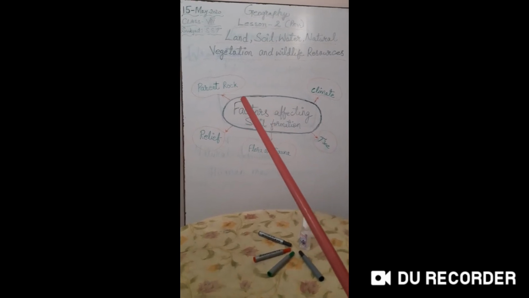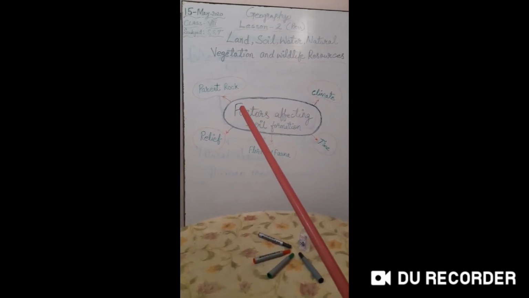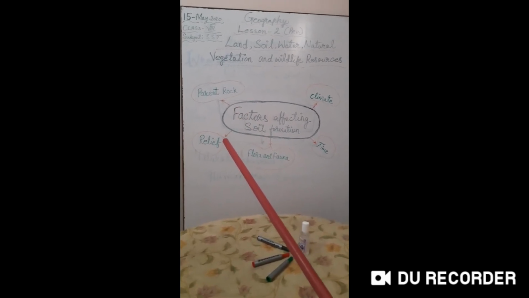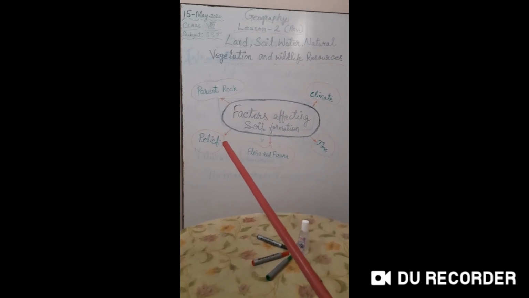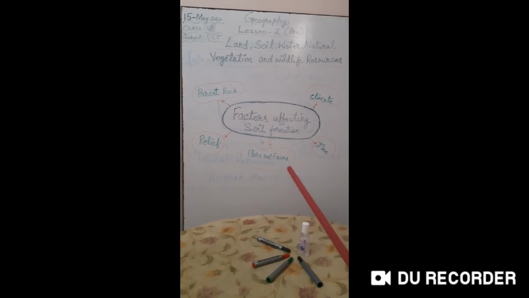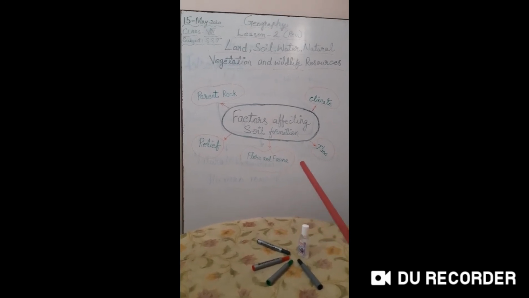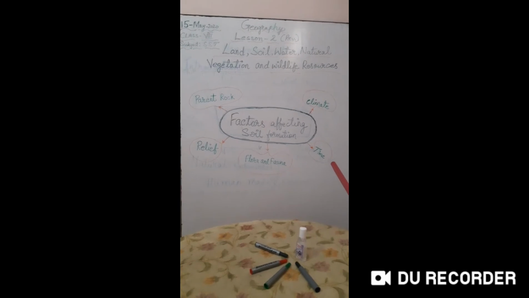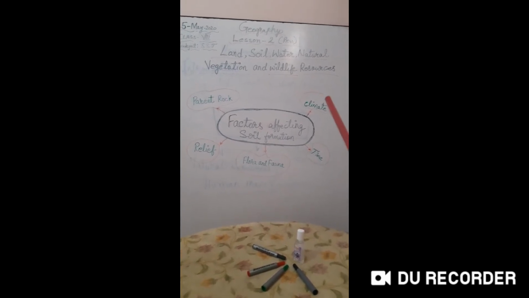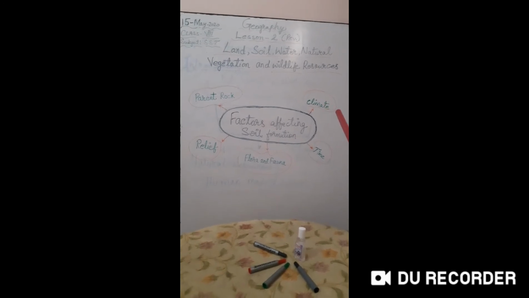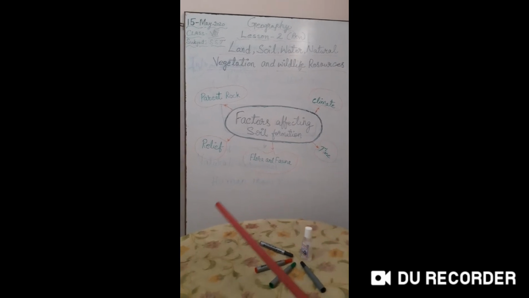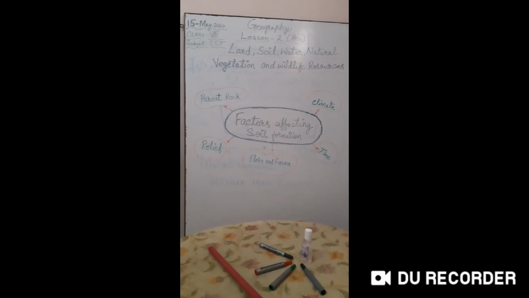It determines color, texture, etc. Second is relief. It determines accumulation of soil. Flora and fauna affect the rate of humus formation. Next is time. It determines the thickness of soil. Climate determines the rate of weathering. So these are the factors which are responsible for the formation of soil.